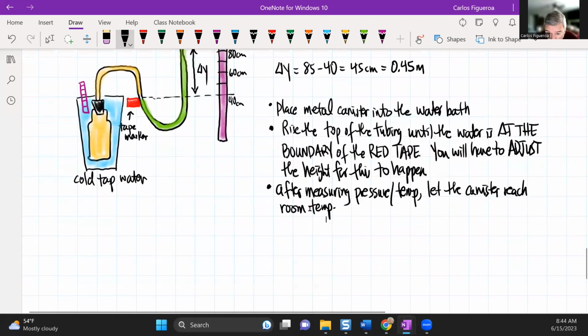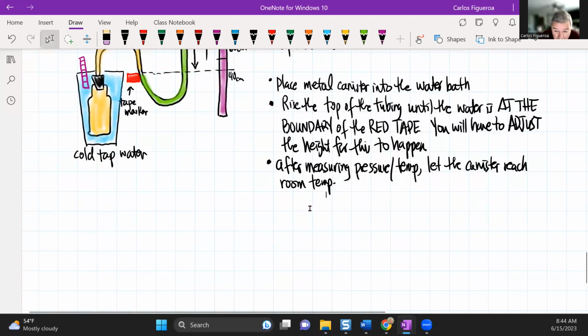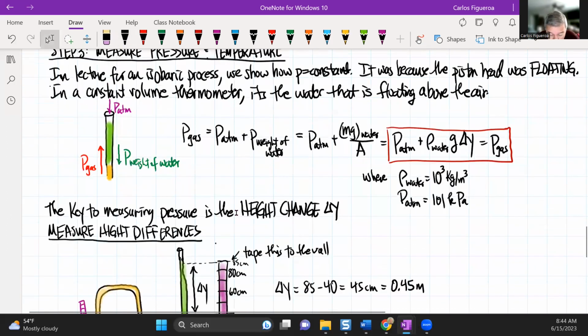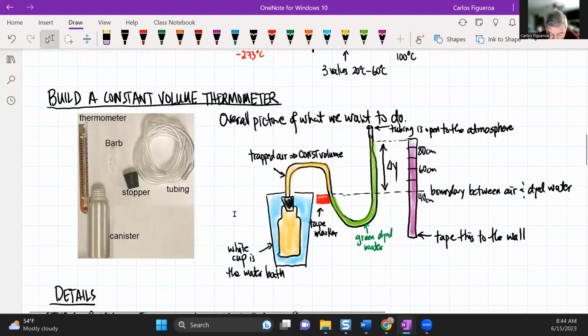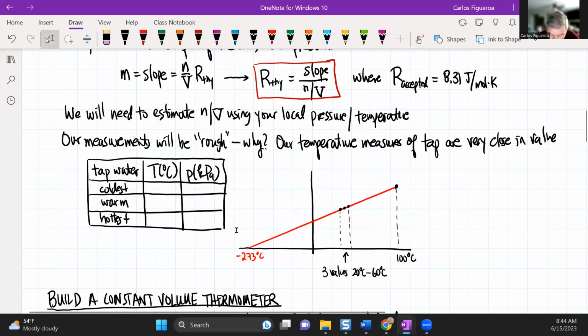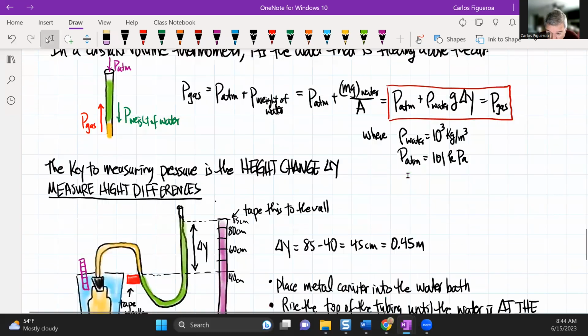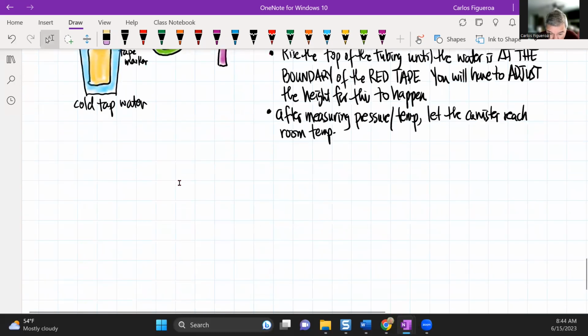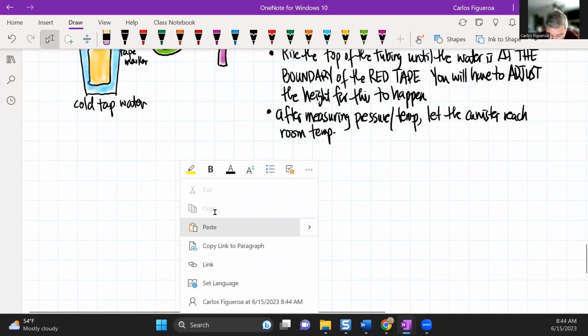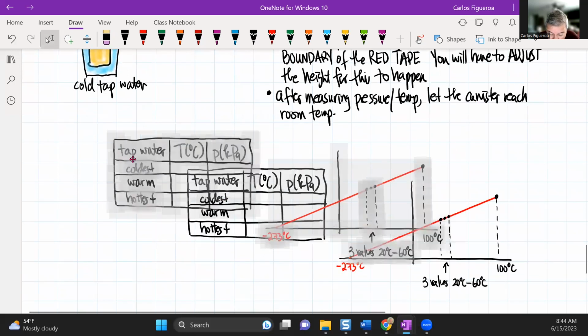Then we have our table now, right? We've already written our table up here. Let me go get the table. Here's my table. Right, we now have our table.